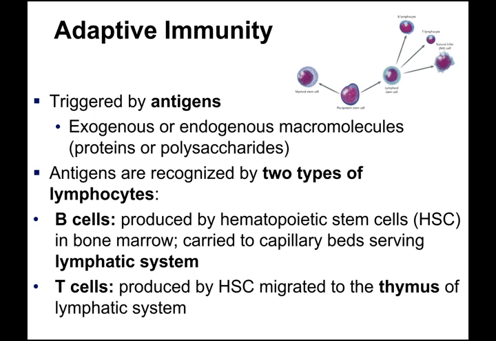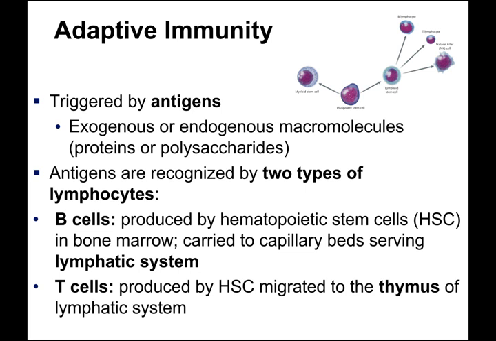Now let's move on to the last type of system that prevents the invasion of foreign organisms, which is the adaptive immunity. So we talked about the epithelial barrier, the innate immunity, and now we talk about the adaptive immunity. Now, this is a specific type of response, differently from the innate immunity.